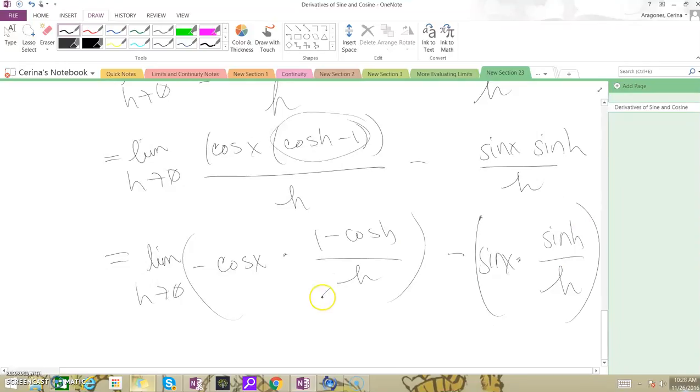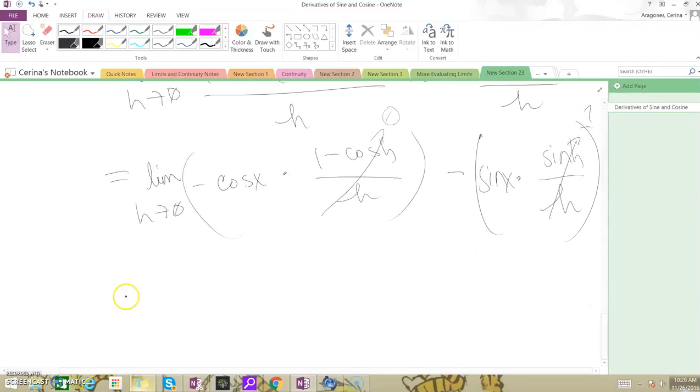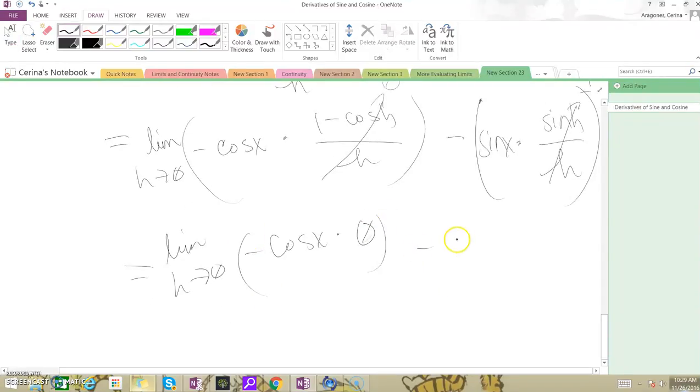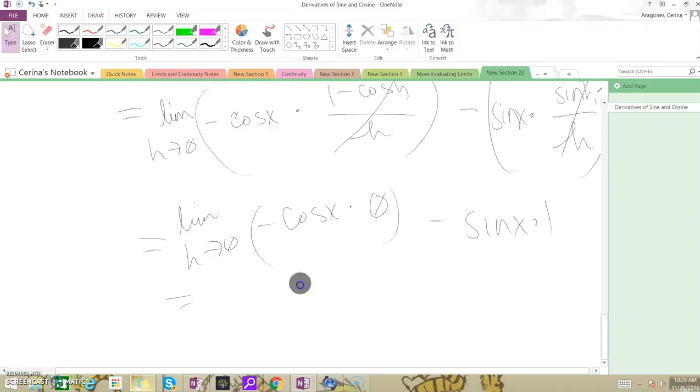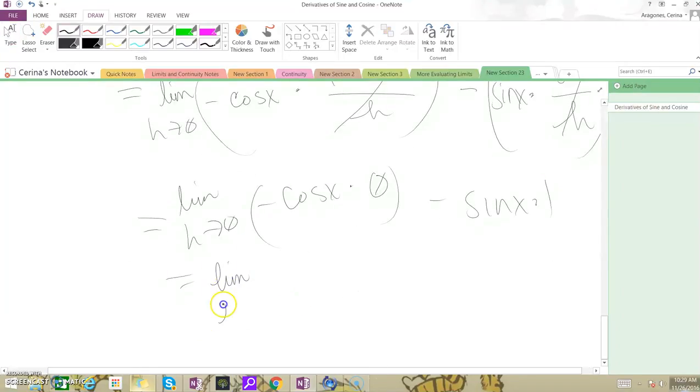This becomes 0. This becomes 1. We are left with the limit as h approaches 0 of negative cosine x times 0 minus sine x times 1, which is just the limit as h approaches 0 of minus sine x. There's no h value, so this is just negative sine x.